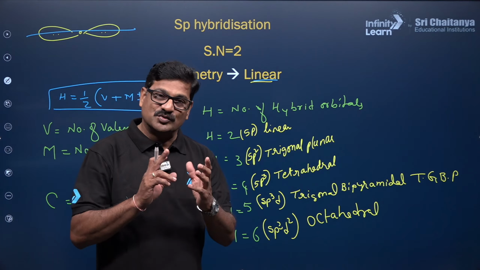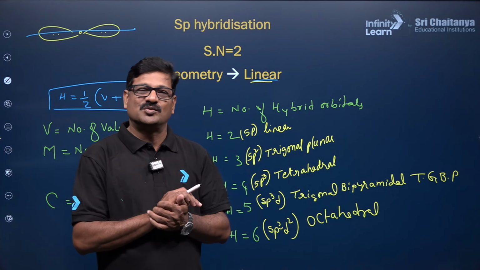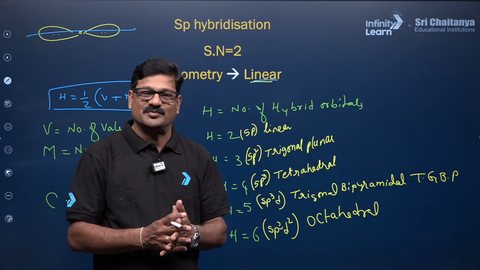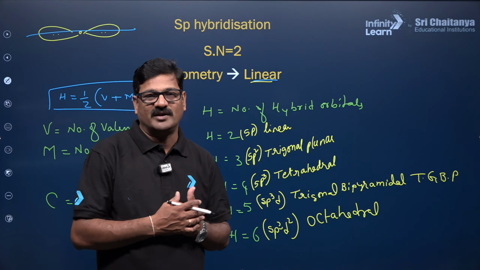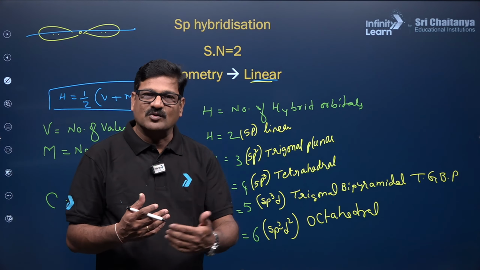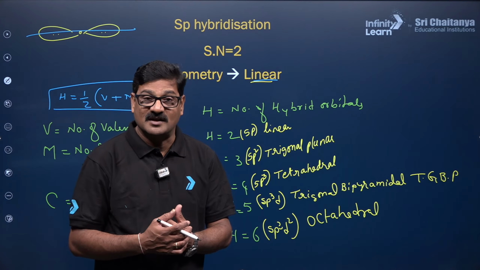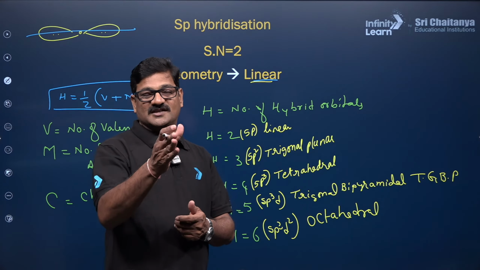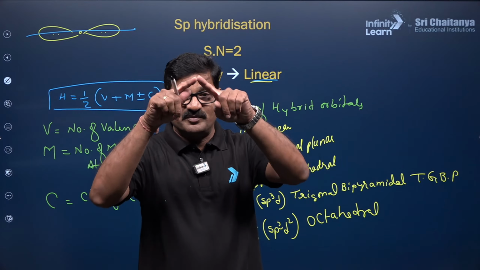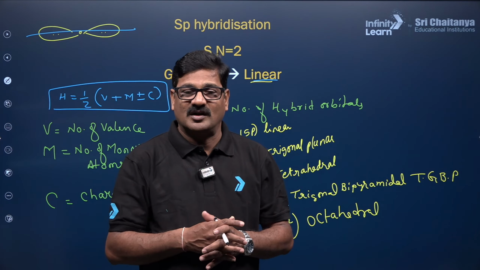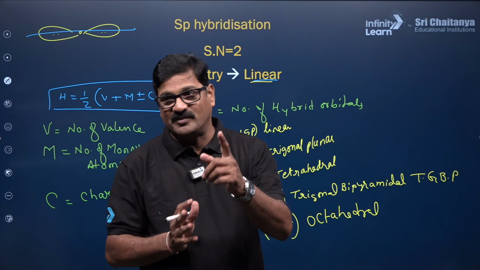You can do P block, S block, D and F block elements, mostly P block elements. Sometimes you can go ahead with organic mechanisms also. SN2 reactions in organic chemistry all depend upon shape and hybridization of the orbital, if you remember.